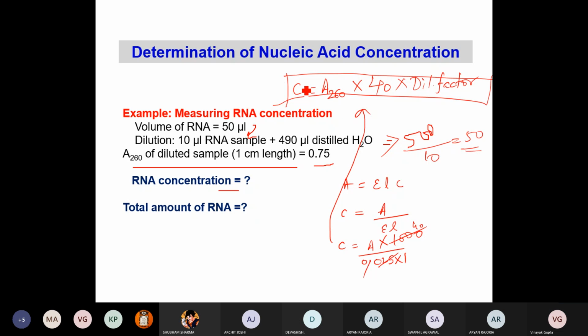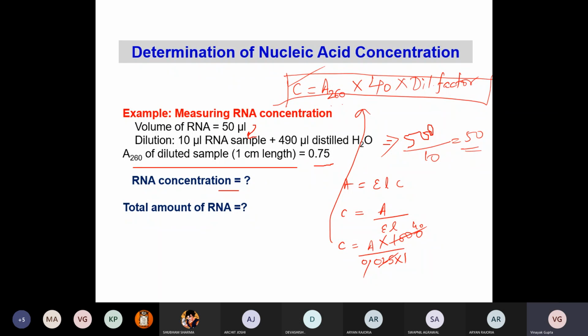So the concentration of the original sample will be absorbance at 260 into 40 into your dilution factor. And that makes sense. So now can you calculate what should be the concentration?